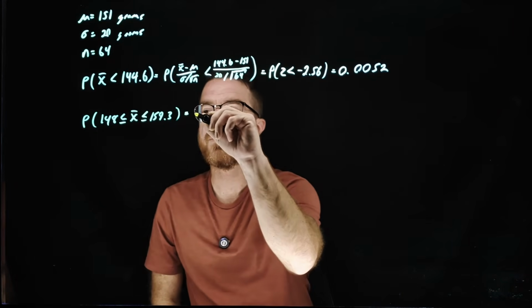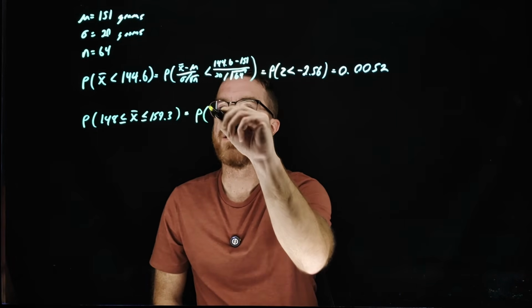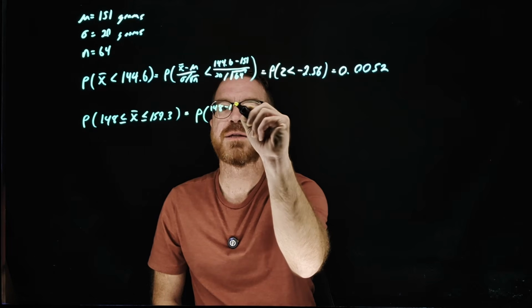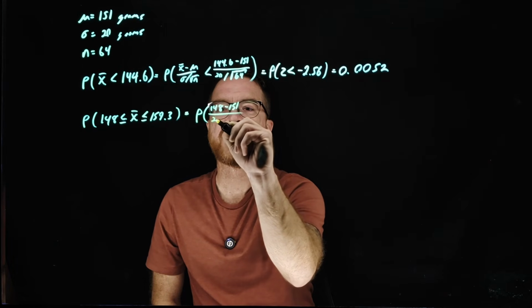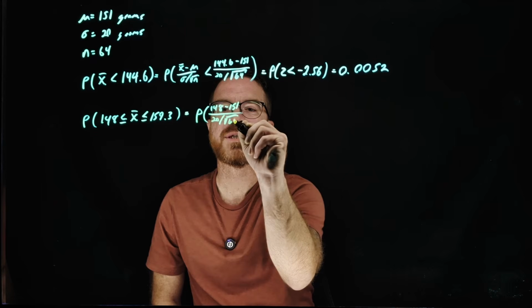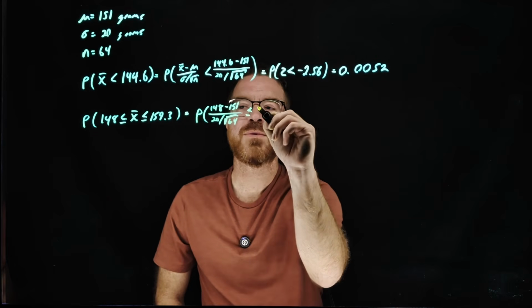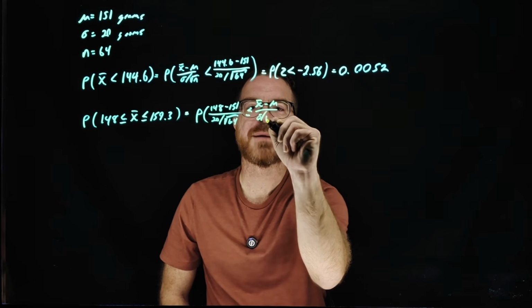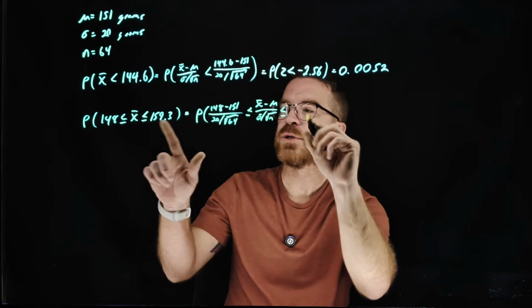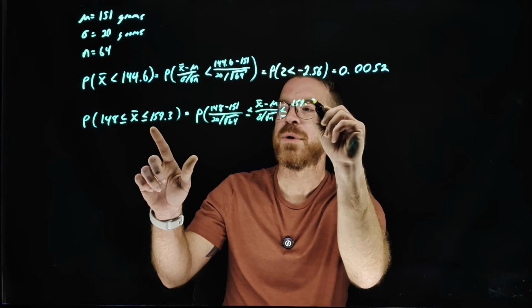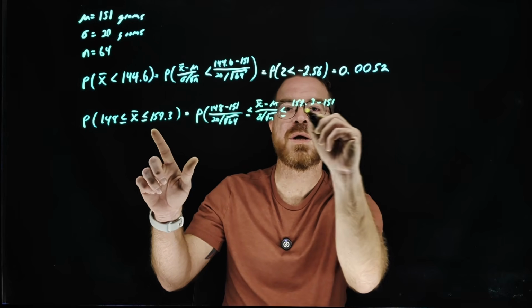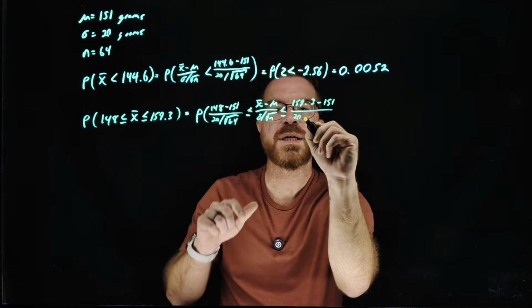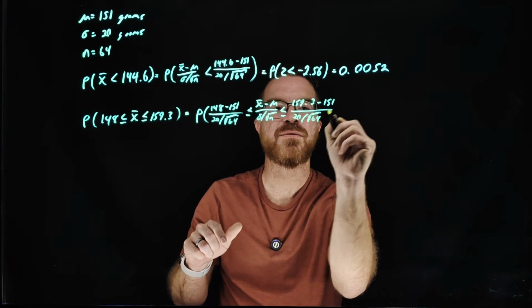So this is going to be equal to the probability of 148 minus 151 divided by 20 divided by the square root of 64 less than or equal to x bar minus mu over sigma divided by the square root of n less than or equal to 159.3 minus 151 divided by 20 divided by the square root of 64.